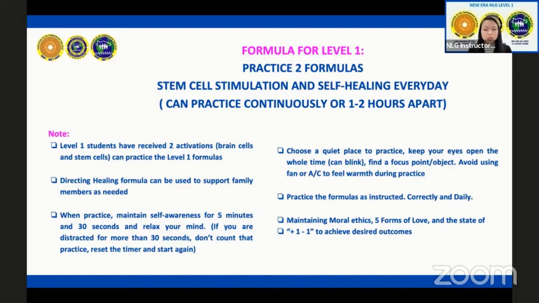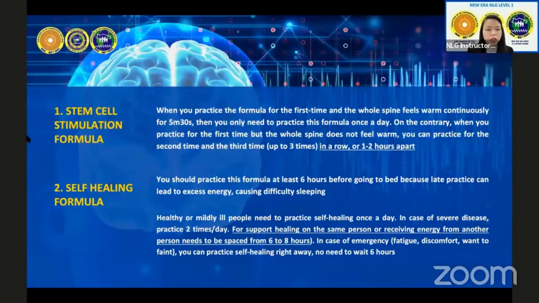Of course, practice the formulas as instructed, correctly and daily, and maintain moral ethics, 5 forms of love, and a state of +1 -1 to achieve desired outcomes. Now, when you practice the stem cell stimulation formula for the first time and your entire spine feels really warm for the 5 minutes and 30 seconds, then you only need to practice this formula once a day.